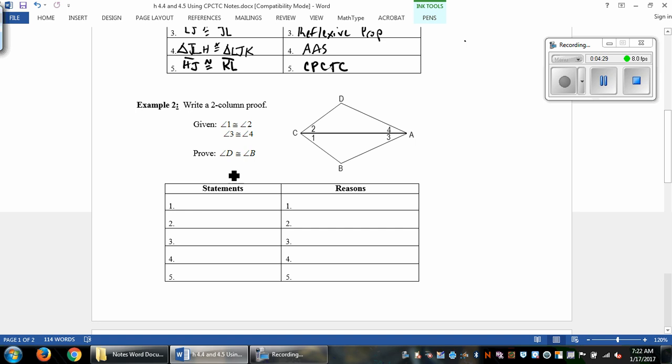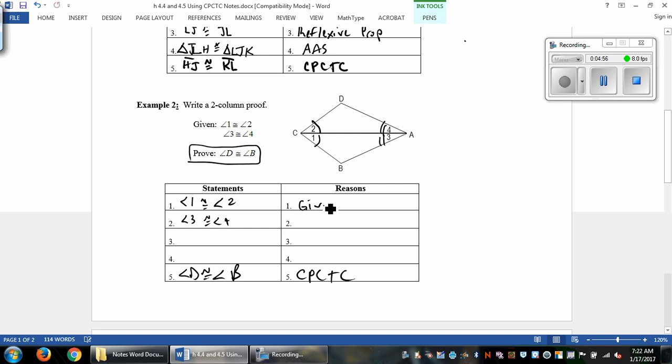Again, start with looking at what we need to prove. It's angles, so angle D congruent to angle B, which means CPCTC. And now we look at what we're given. Angle 1 congruent to angle 2, angle 3 congruent to angle 4. So 1 to 2, 3 and 4.